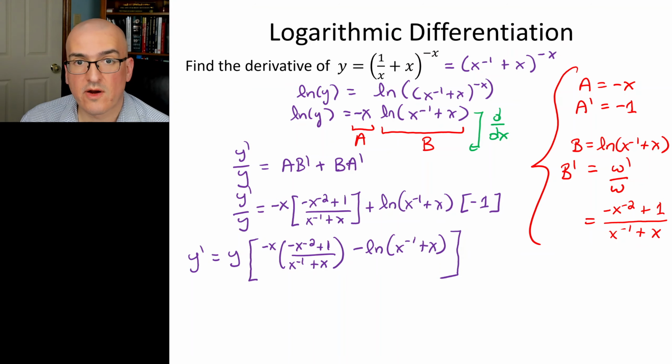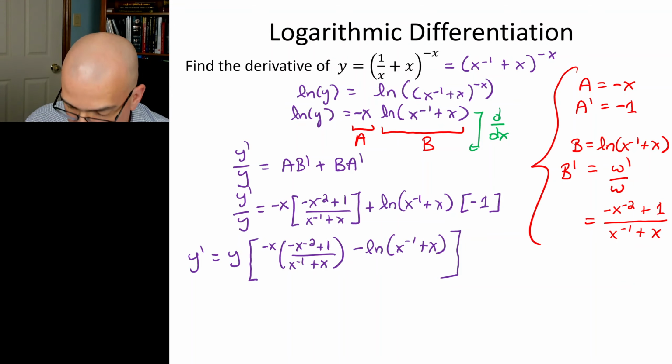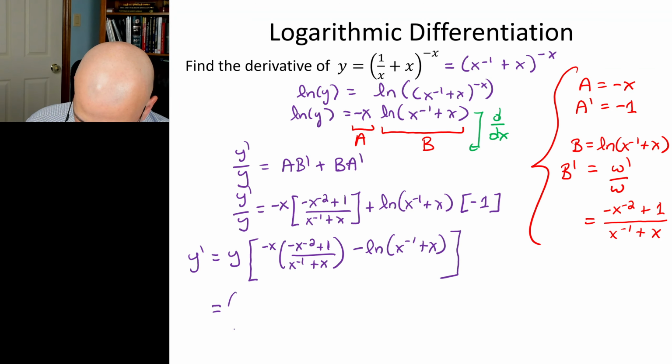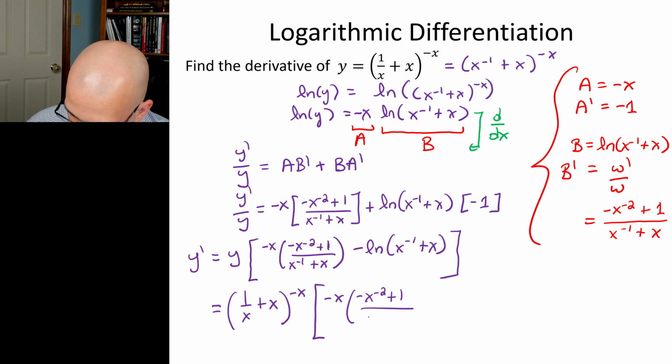And then our only step that remains is to replace the y with what it is originally. So 1 over x plus x to the negative x times all that stuff. Negative x times negative x to the power of negative 2 plus 1 divided by x to the power of negative 1 plus x, minus the ln of x to the power of negative 1 plus x.